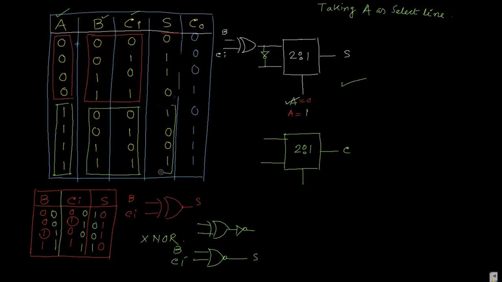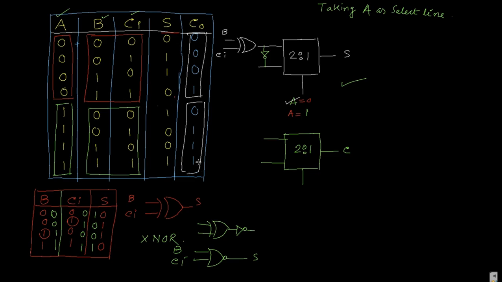It means we are considering A as a select line and B and Ci as the input lines. Okay, now again draw this. So here the first case Ci is 0 0 0 1 and it is 0 1 1 1.